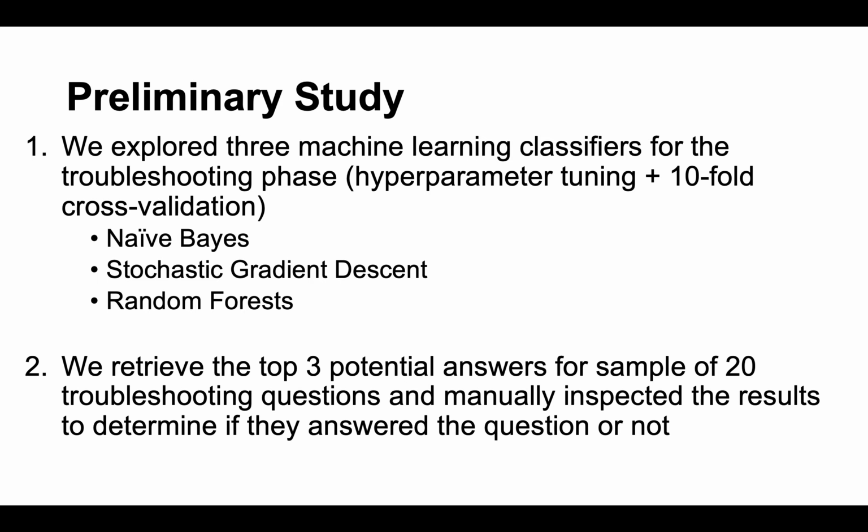In our preliminary study, we are dividing the evaluation into two parts. The first part will evaluate the classification component, the detection of the questions, and the second one is evaluating the search for answers component. For evaluating the question detection framework, we explored three different machine learning classifiers and used hyperparameter tuning with tenfold cross validation using the dataset that we developed in the previous process.